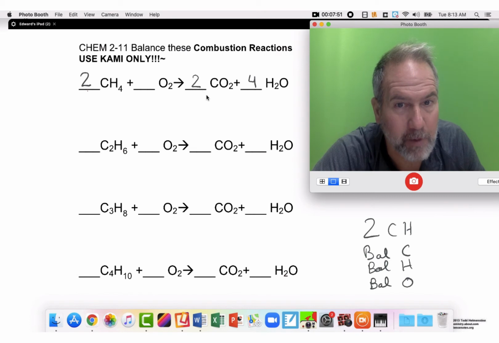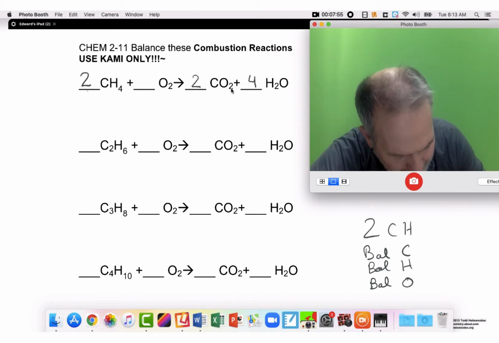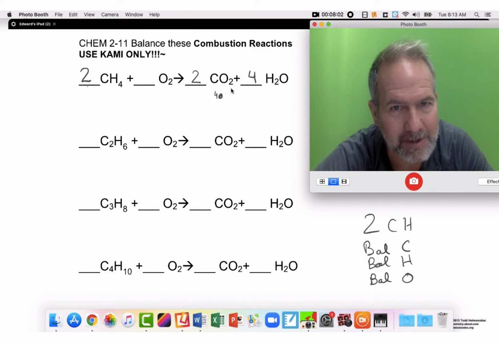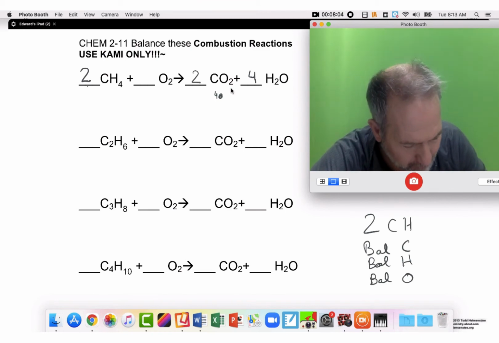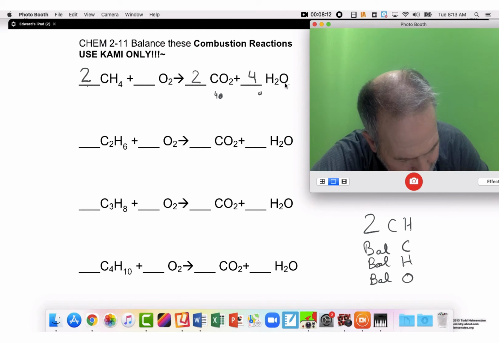So we have 2 times 2, which is 4. So we have 4 O's, and I'm going to write it below this. We have 4 O's right there. That's not a 40, that's 4 oxygens. And then we have 4 times 1. Right? 4 and 1 here. So we have 4 oxygens here.